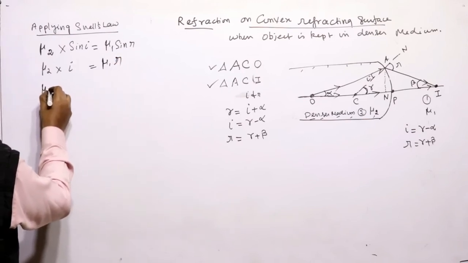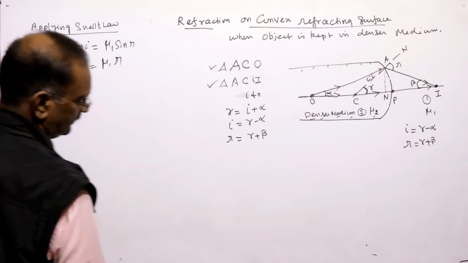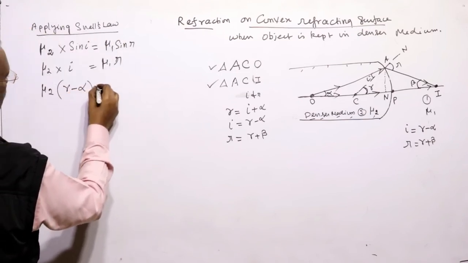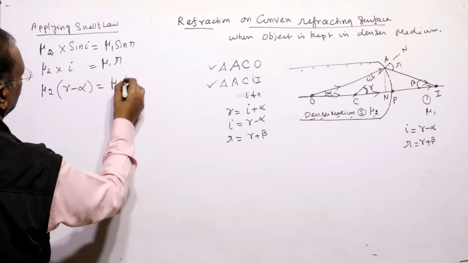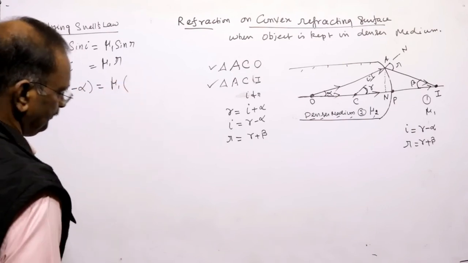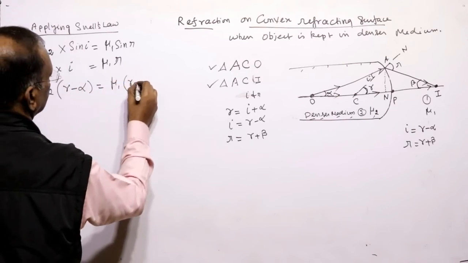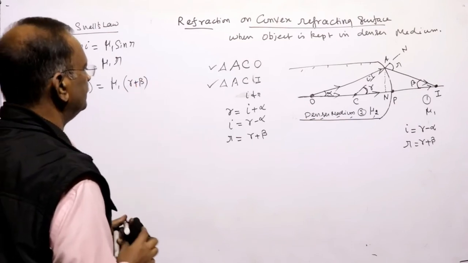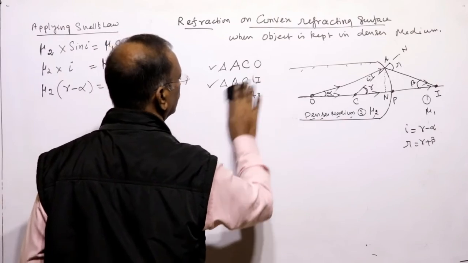So mu2 into I, where I is gamma minus alpha, is equal to mu1 into R, where R is gamma plus beta. Now we will find I and R here.